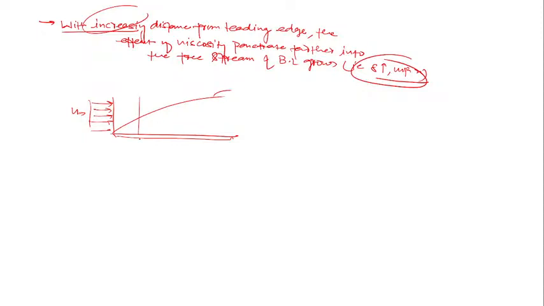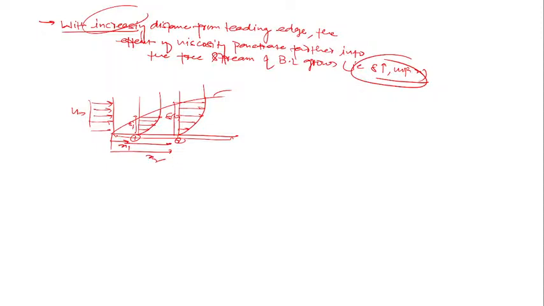If you draw the profile, I get this as delta 1, and here I get this delta 2. So from the leading edge, this distance is x1 and this distance is x2. So here delta 1 and delta 2.